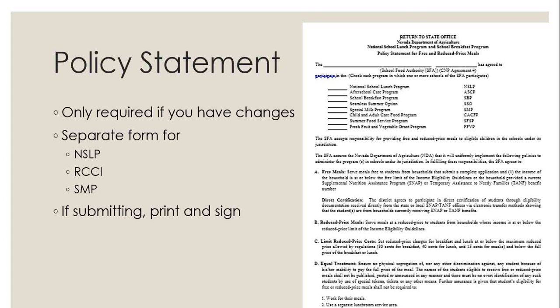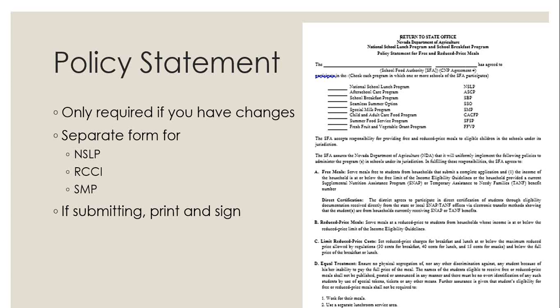Next we have our policy statement. And the policy statement is really a document that outlines how you'll be handling the meal benefit process and meal counting and claiming. It's only required if you're a new sponsor, of course, and if you've made any changes to how you do your meal counting and claiming.